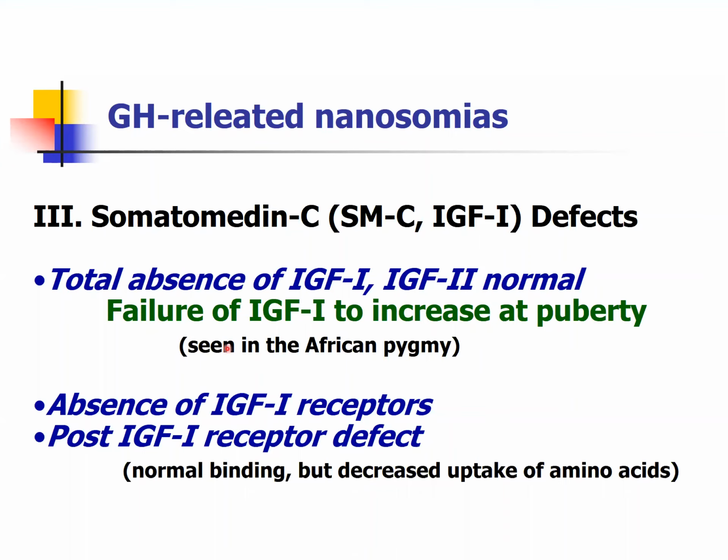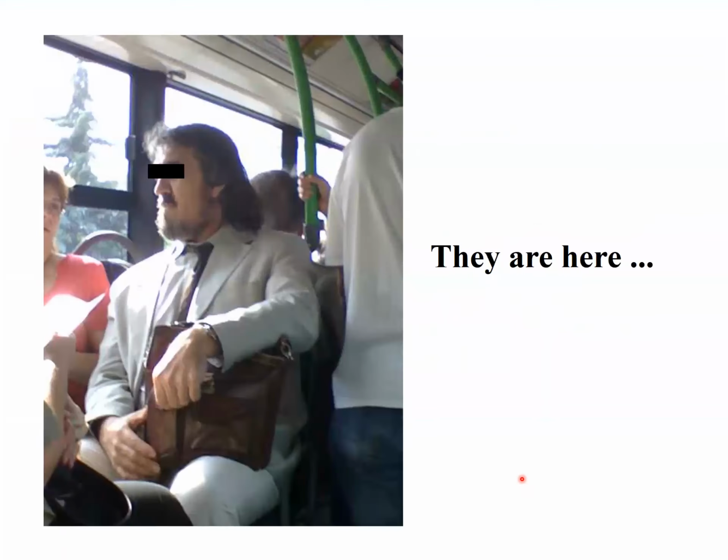Now, this can be seen in African pygmies. This is why it's called pygmy dwarfism. Or another very rare one is when we have an absence of the IGF-1 receptors, or some kind of post-receptor defect, meaning that the receptor binding is all right, but, for example, the induced amino acid uptake is decreased.